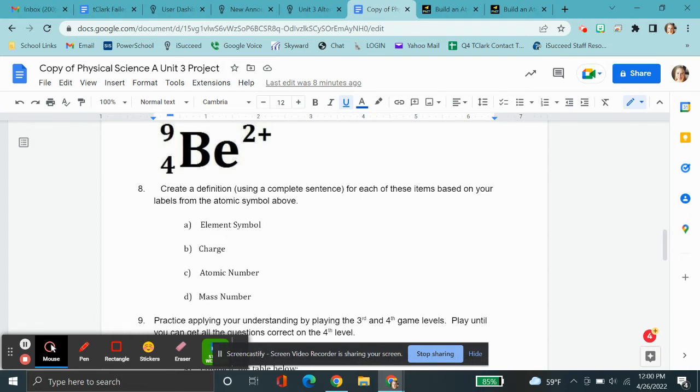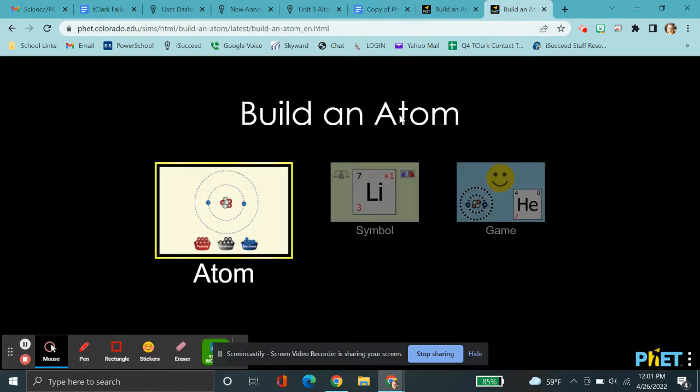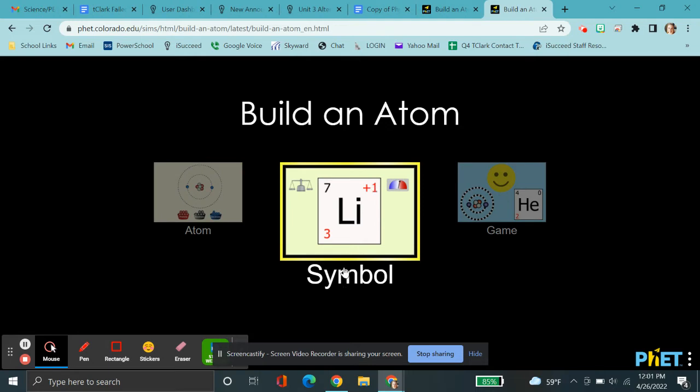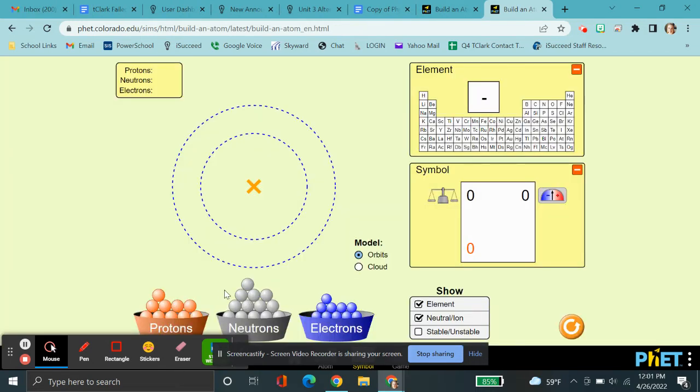So you can just kind of bounce back and forth if you wanted to play with those. You can go to the symbol option. Will it let us select? No, you have to actually make it. So I'll go ahead and make beryllium.